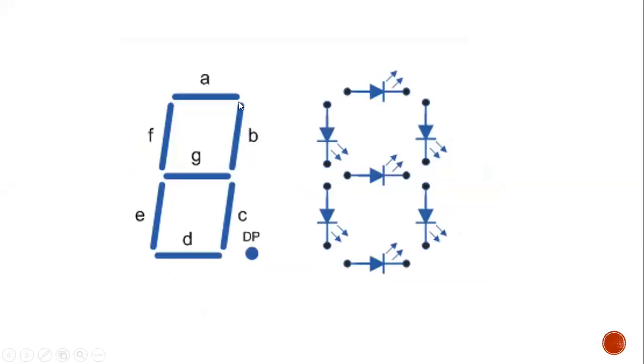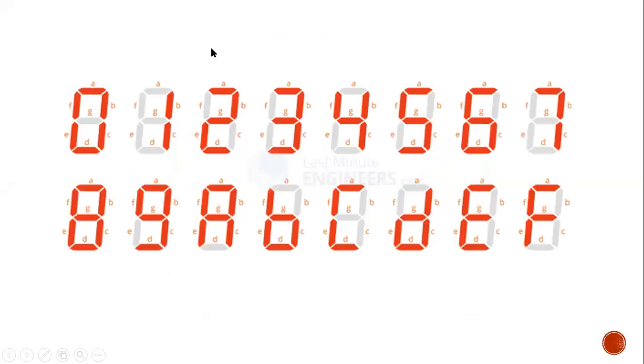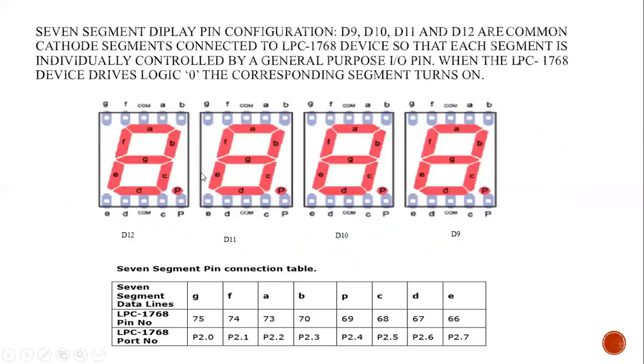Now this is one of the 7-segment displays. It has LEDs. You can observe here how we are going to display from 0 to F. In order to make 0, we need to display A, B, C, D, E, and F. Except G, everything should be on. As I already explained, to make an LED glow we drive logic 0.